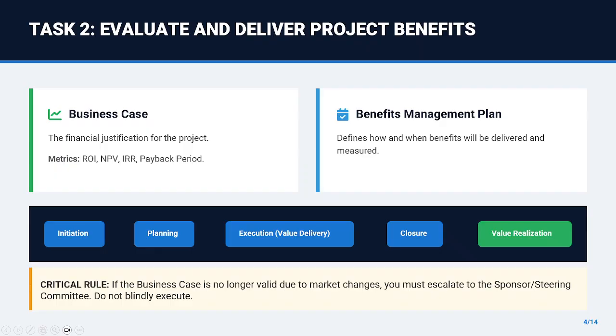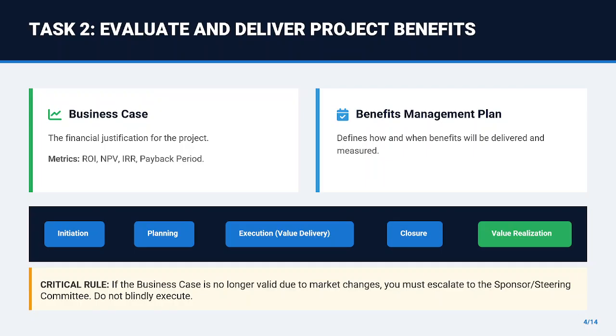Moving to task 2, evaluate and deliver project benefits and value. Look at the artifacts. These are the documents that justify the project's existence. The business case defines the financial justification, the ROI, the NPV, the IRR. The benefits management plan defines how and when those benefits will be delivered and measured.